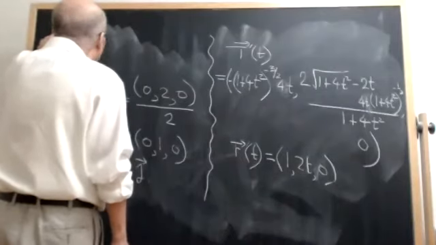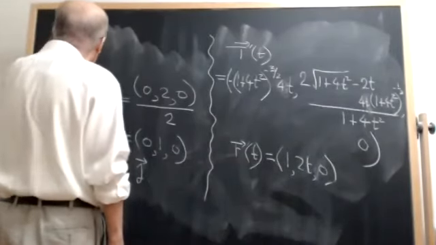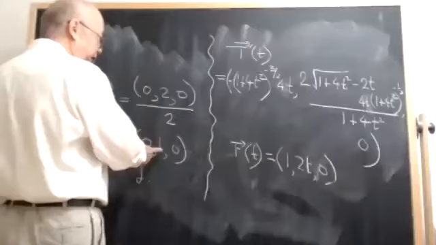Now, what about the binormal? Sir, what would you say for your therefore statement for N at 0? So therefore the unit normal at t equals 0 is just the y vector or the j vector? It's the J vector. Right?